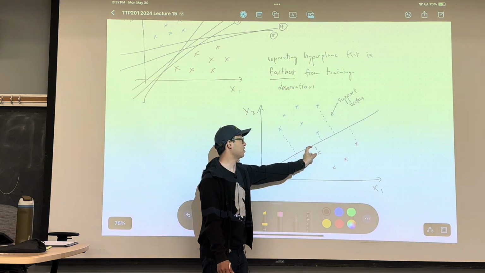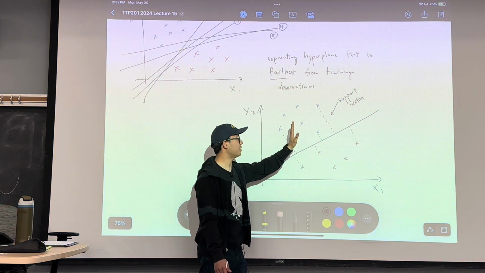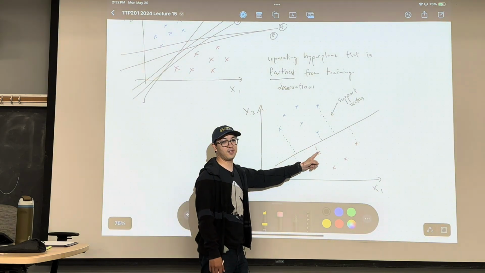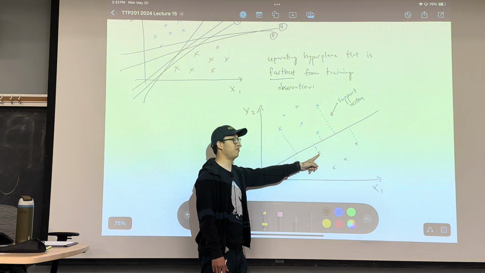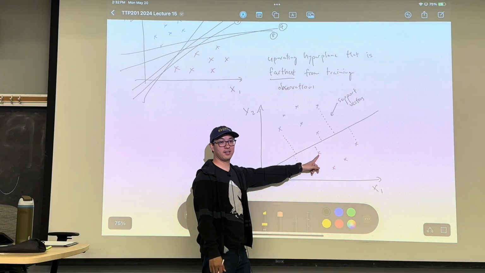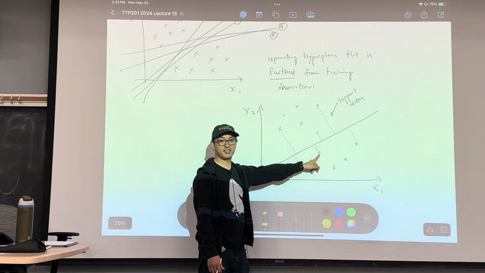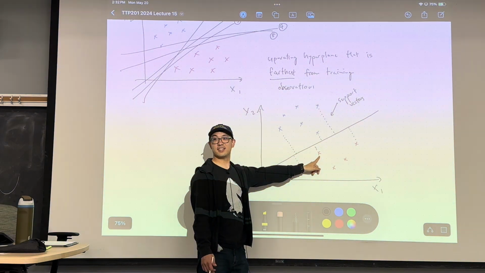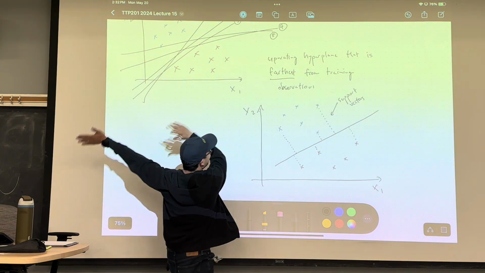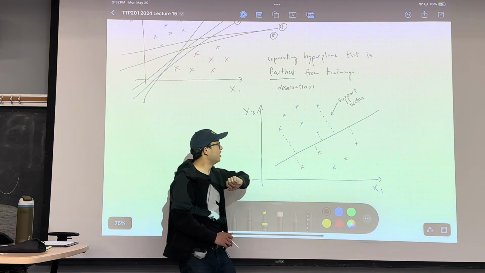I want to make this support vector as far away as possible. So question, if this was the only support vector, where would I want to put the hyperplane? Really far away from it. Yes. Infinitely far away, okay?